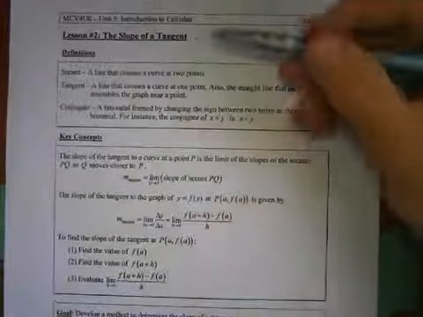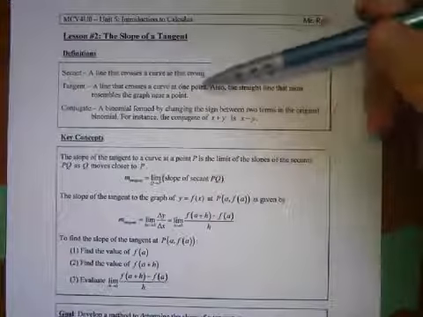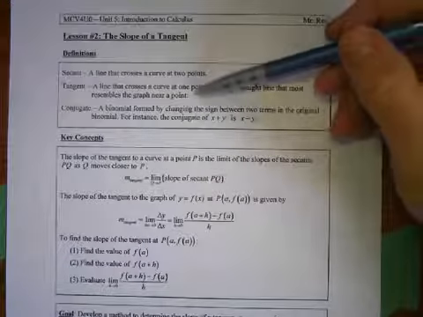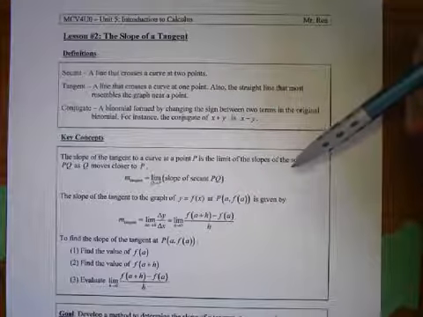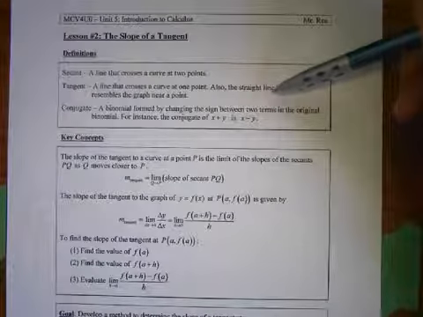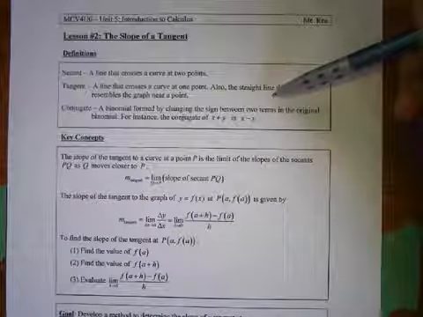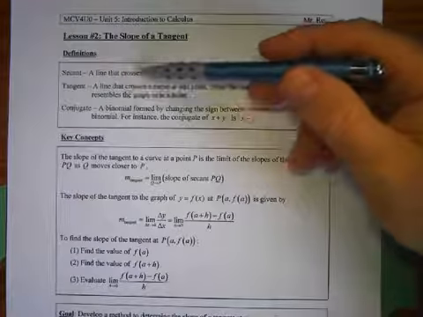Okay, so slope of a tangent, definitions should be familiar. Let's start with tangent. A tangent is a line that crosses the curve at one point. Also, if you drew a line, it's a straight line that most resembles the graph near a point. Now, a secant, hopefully you remember this.